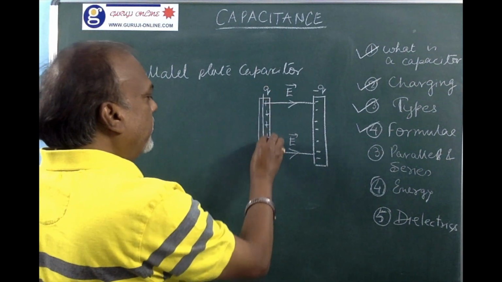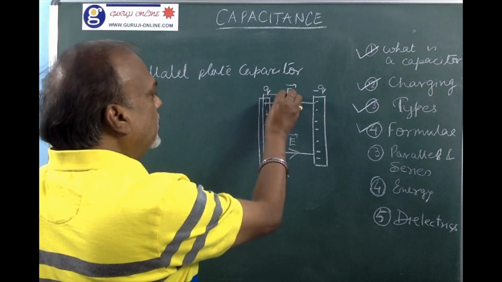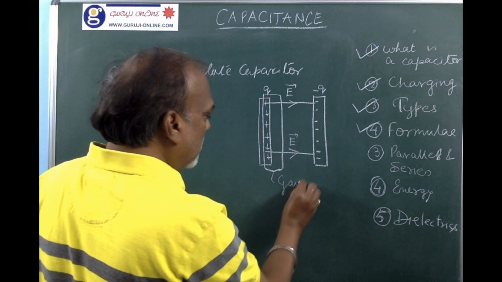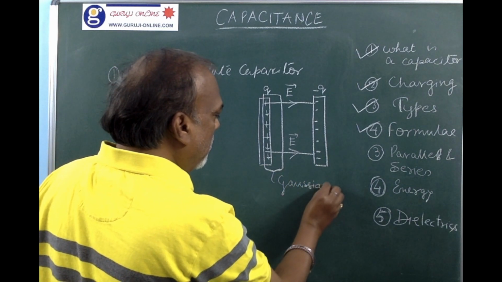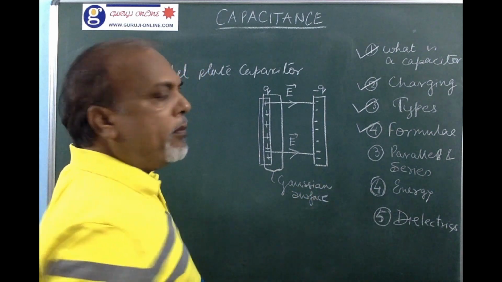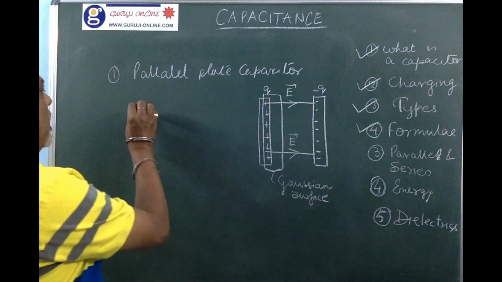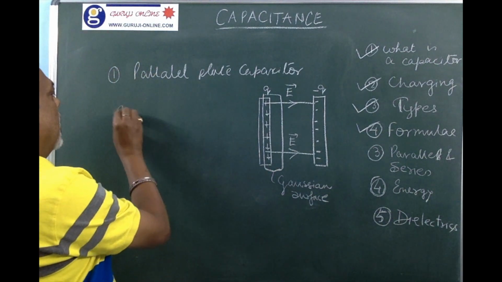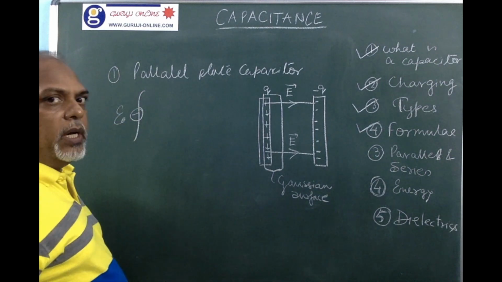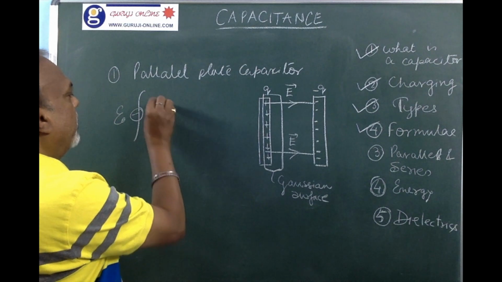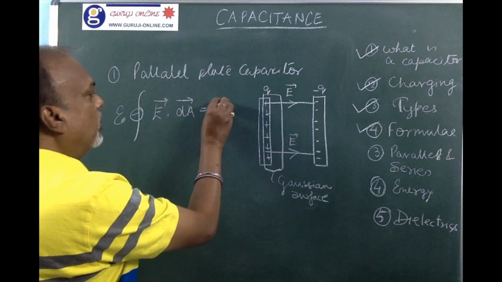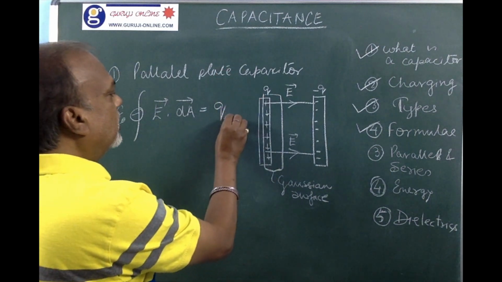Let us make the Gaussian surface. This is our Gaussian surface. And as per Gauss law, what we learned, our formula is epsilon 0 closed integral of E dot dA is equal to Q enclosed.